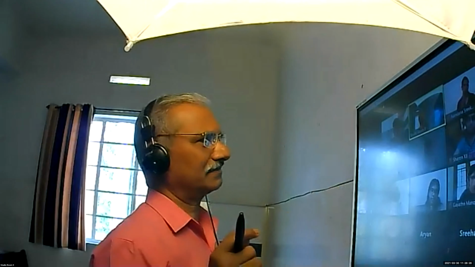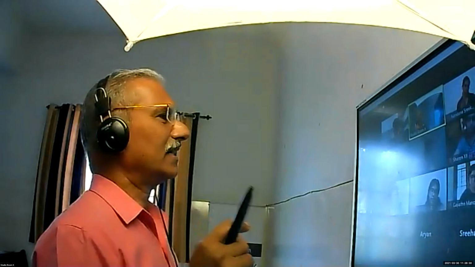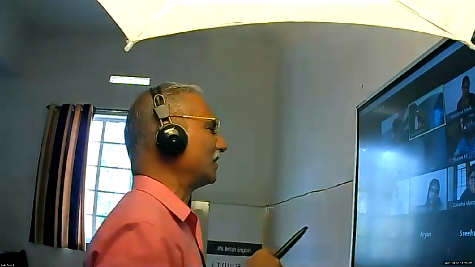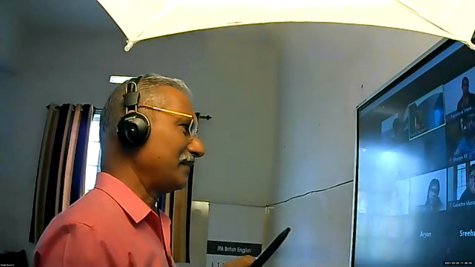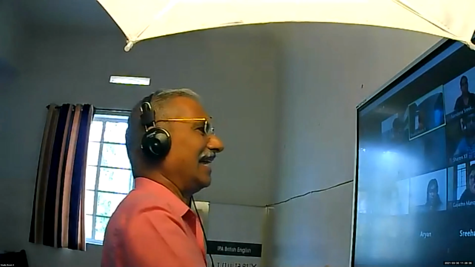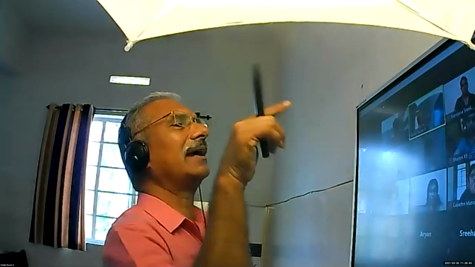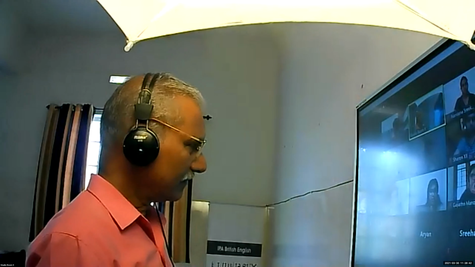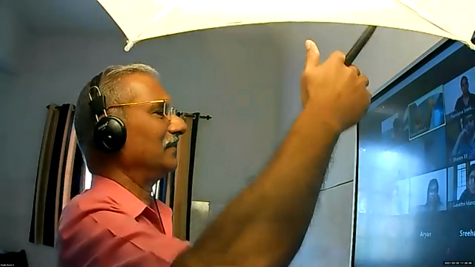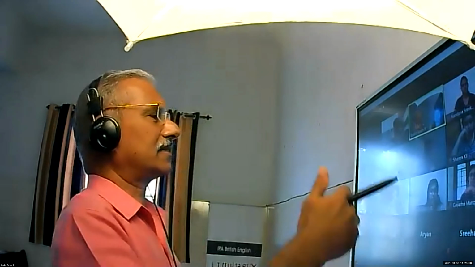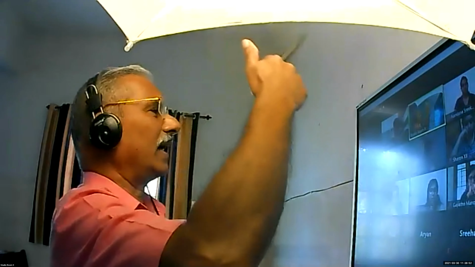Not only that, they are doing something else also. You know what it is? They are selling electricity to KSEB, the Kerala State Electricity Board. We can also establish such solar panels in our homes.